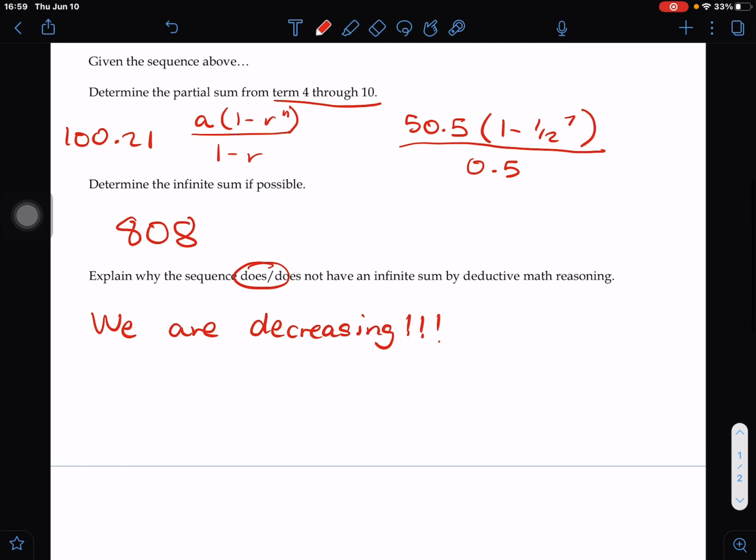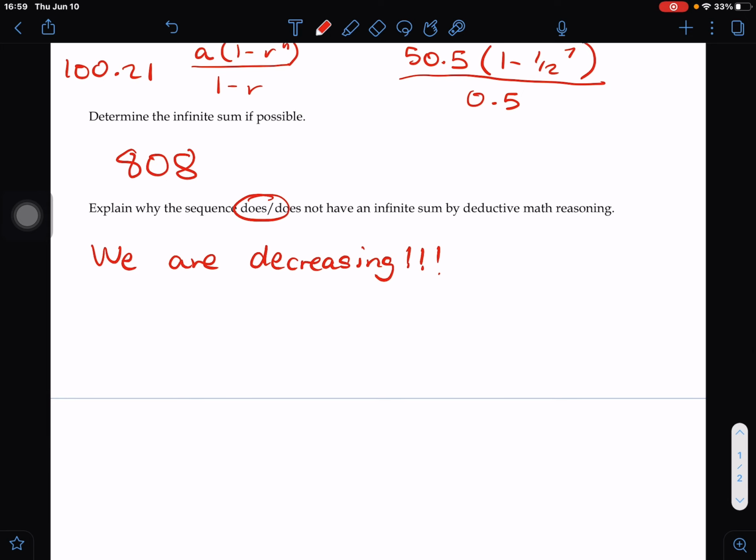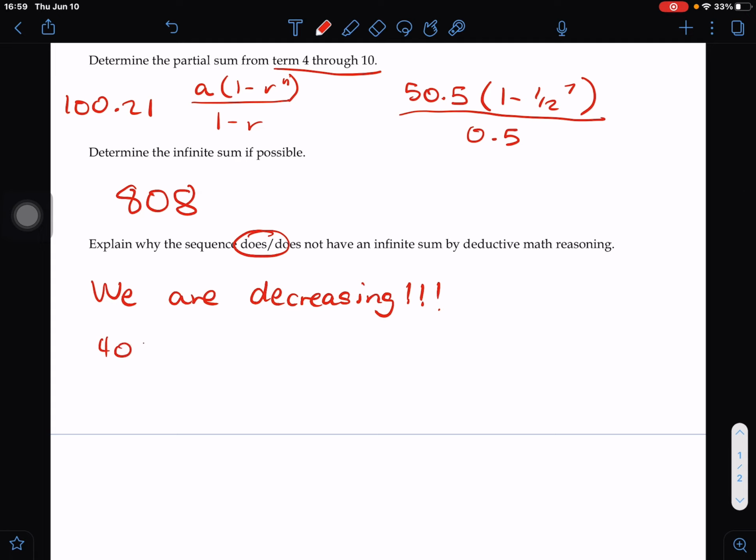But since we start at a fixed value, which is 404, and then we just go lower and lower and lower, eventually approaching 0, we are going to have a cap at the sum of this.